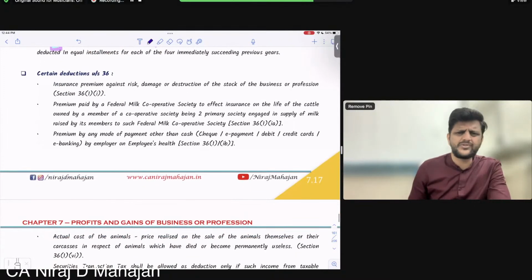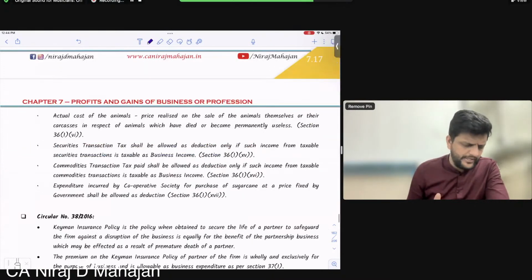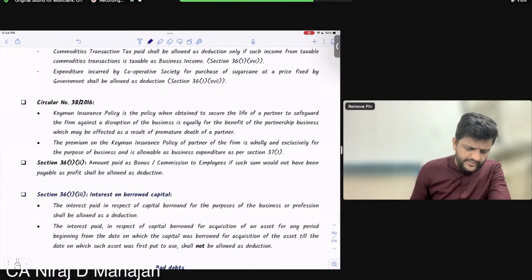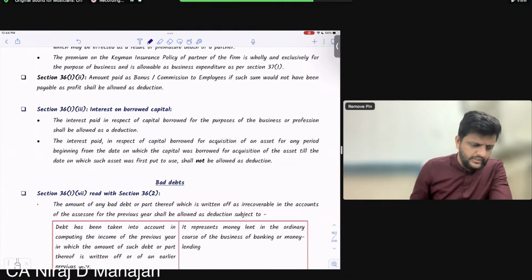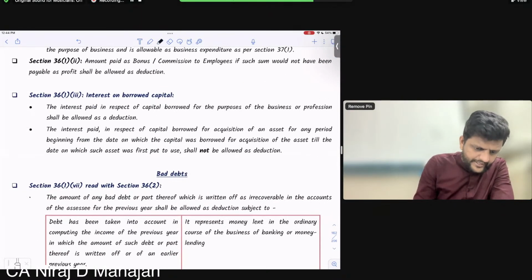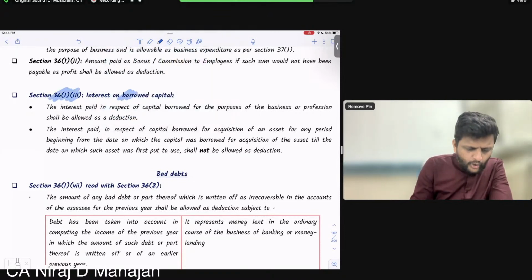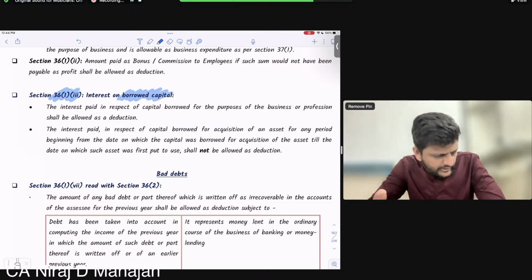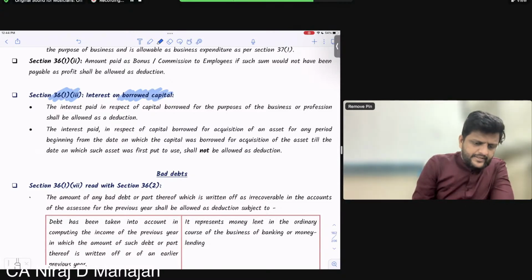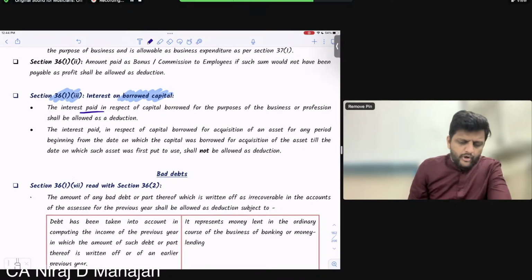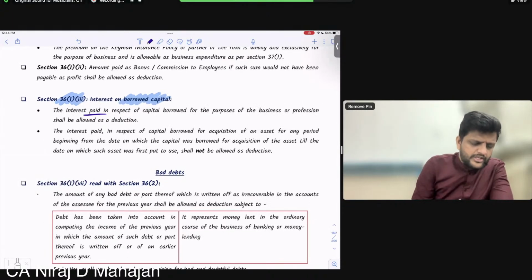One of them which we are discussing now is 36(1)(iii): interest on borrowed capital. The interest paid in respect of capital borrowed for the purpose of business or profession shall be allowed as deduction.